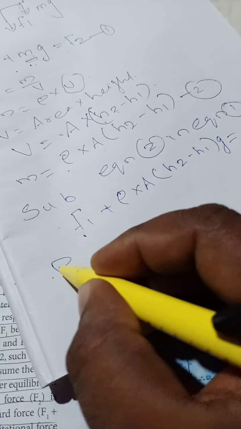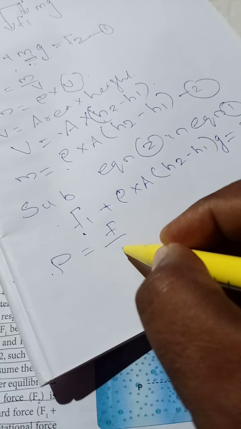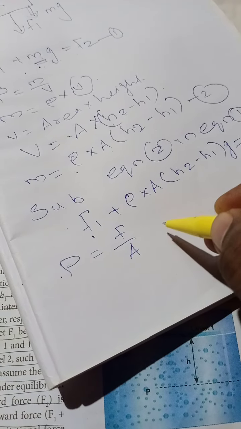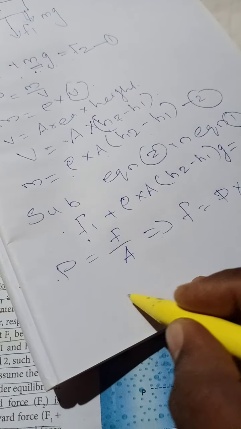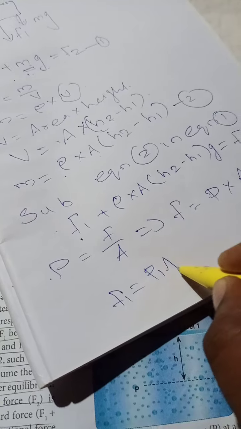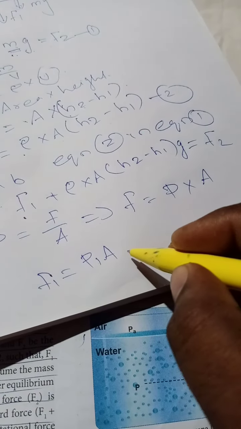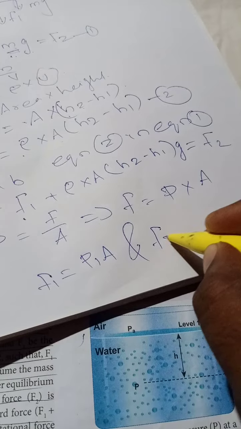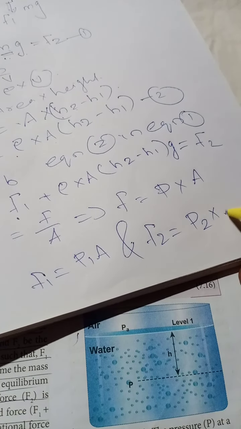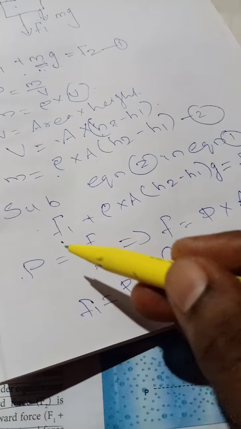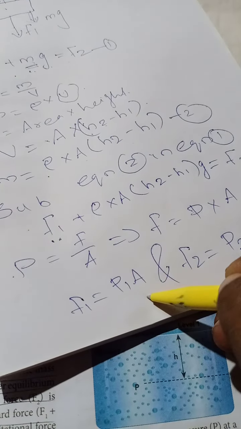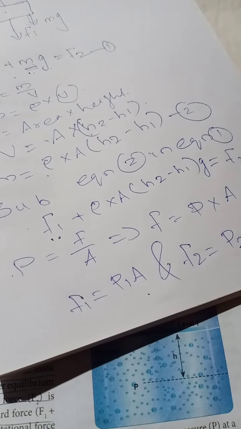We know the formula, pressure P is equal to F by A. So from this formula you can find F is equal to P into A. So F1 you can write as P1 into A, because area will be the same, and F2 is equal to P2 into A. Now instead of F1 you have to substitute P1A, and instead of F2 you have to substitute P2 into A.